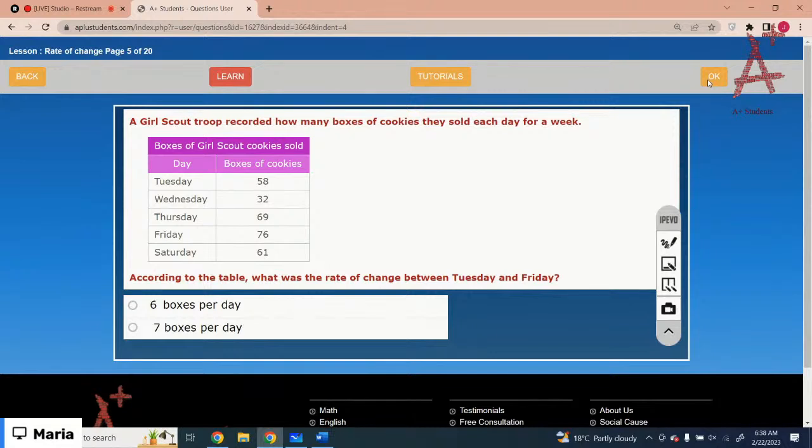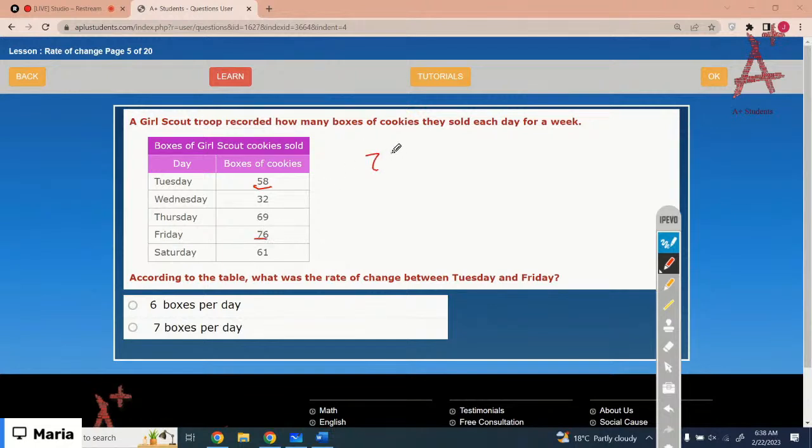Okay, the next one is: a Girl Scout troop recorded how many boxes of cookies they sold each day for a week. According to the table, what was the rate of change between Tuesday and Friday? So on Tuesday, it is 58 and on Friday, it is 76.